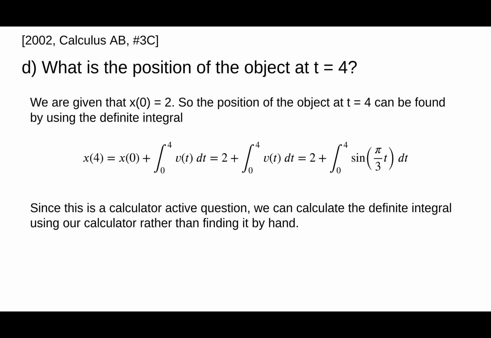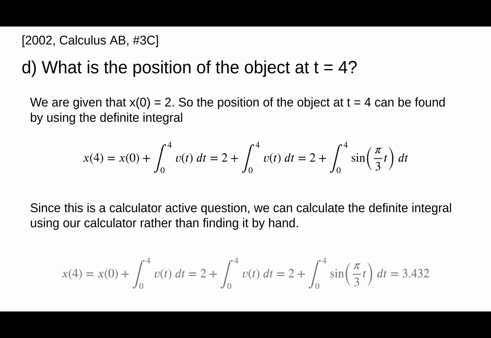So if it is calculator active, just play it safe, use the calculator to do this. If we ask our calculator to do this calculus for us, the position of the particle is 3.432 along the x-axis.